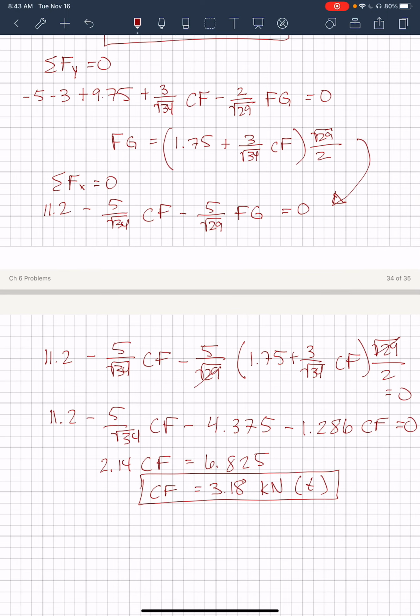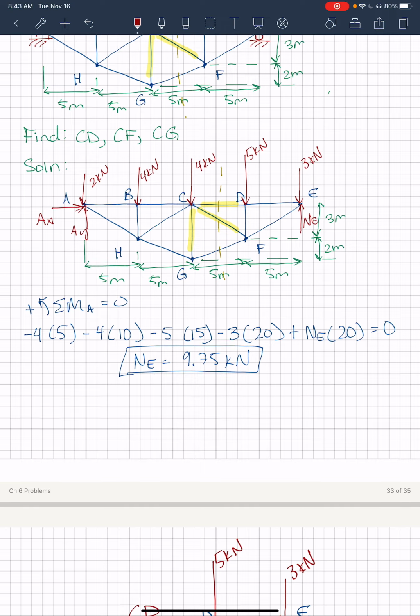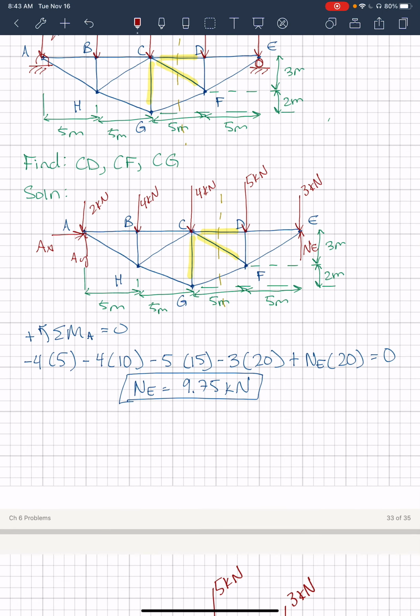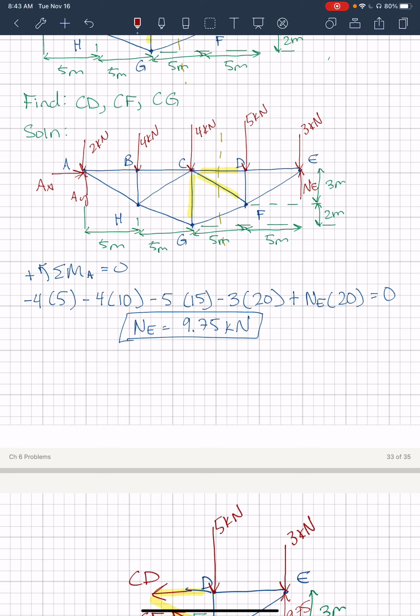So we have CF. What were the ones? Yeah, we wanted to find CF, CD, and then CG. So we found CF, so we actually don't even need to find FG. Or maybe we do. Yeah, I guess we do. Because then we have to go to the next joint.